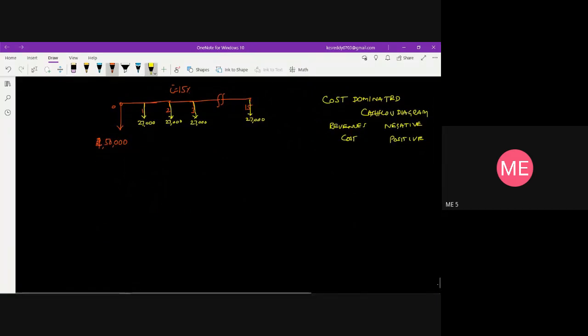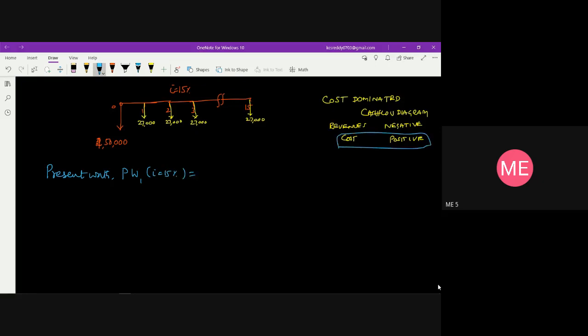So looking at this cash flow diagram, I can write the equation for present worth, that is PW1 for I equal to 15%. As I told, the cost will be positive, so I'll write the initial cost P, and these are also costs, forming a uniform series of payments, that is an annuity.